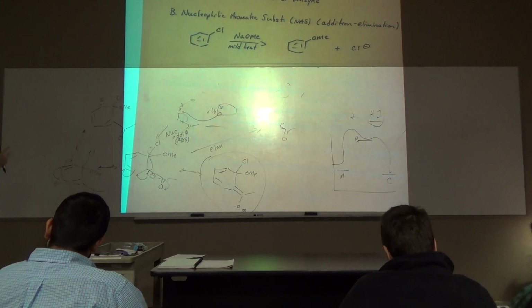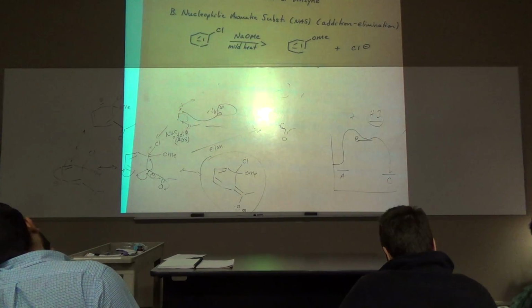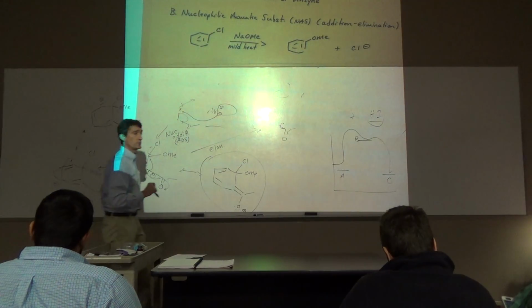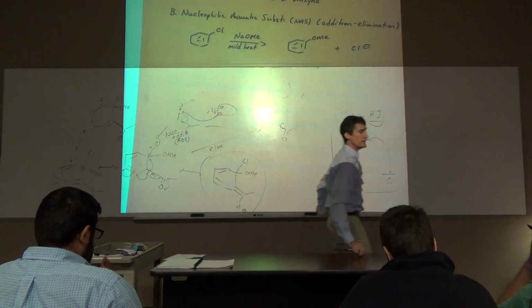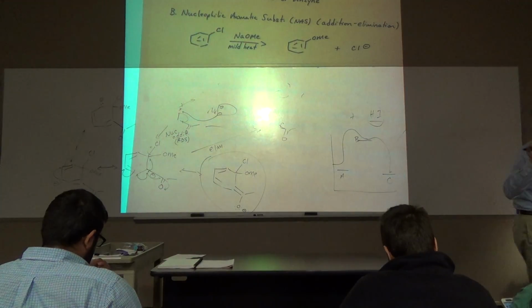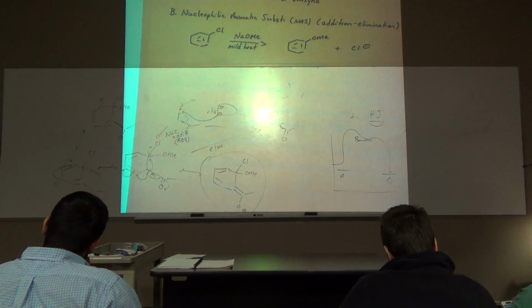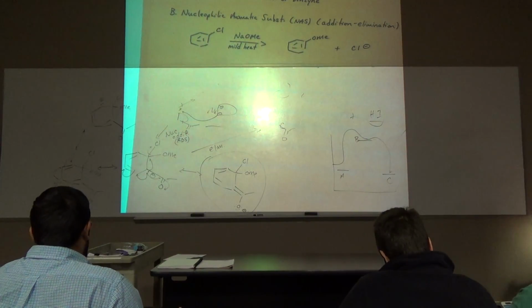Well, guess what? Oxygen has no trouble leaving here. You can even have carbons leave if the carbon is stabilized somehow. It's not going to leave as like an alkyl, but we'll see lots more leaving groups here because the leaving group leaves in the fast step, and so you don't have those restrictions like SN1, SN2.